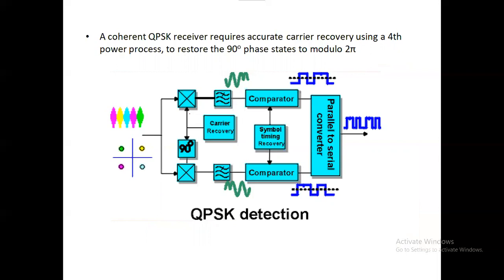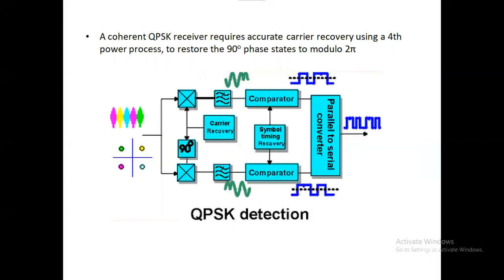What we are doing here is, after carrier recovery, we have the in-phase carrier and we have the 90-degree offset carrier, and we send them here.